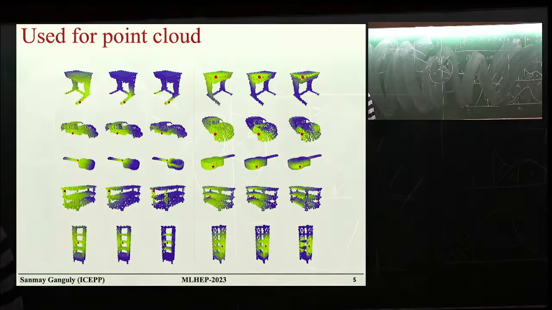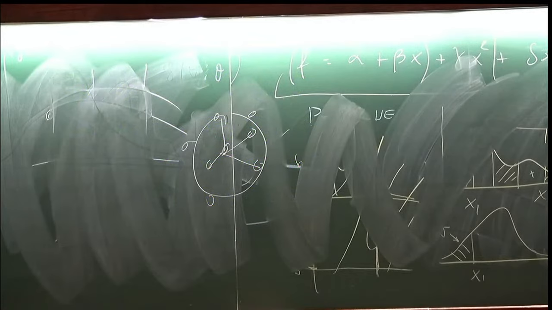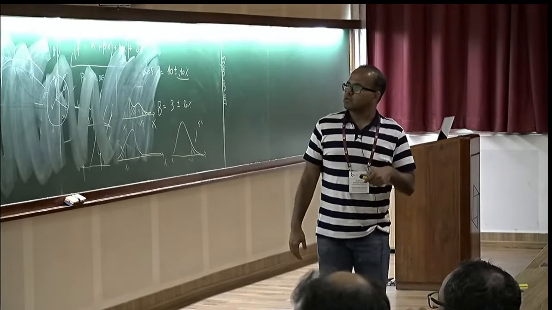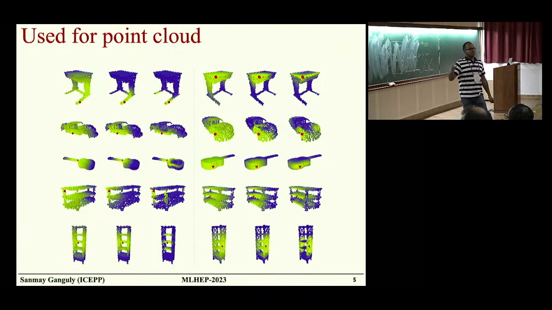They figured out that if this graph construction can be done in a learned space, then it might happen that in regular 3D coordinates, whichever points are farther, here the blue, given a target point marked by red, the blue points are farther and the yellowish points are closer to the target point.